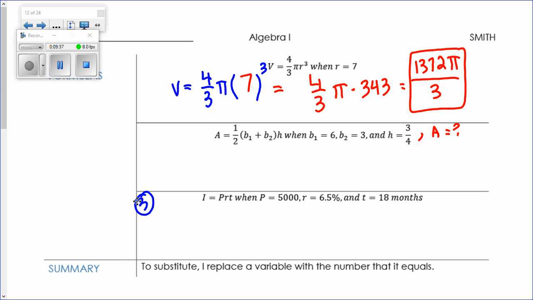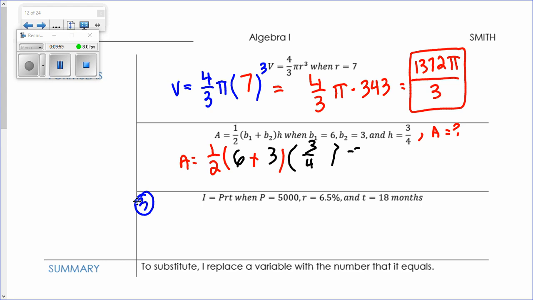Okay? So area equals, I'm just going to substitute everything in, right? So here, B sub 1 is 6, B sub 2 is 3. The height, or H, is 3/4.